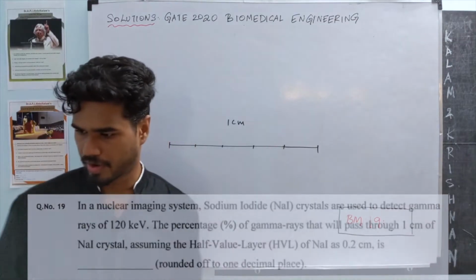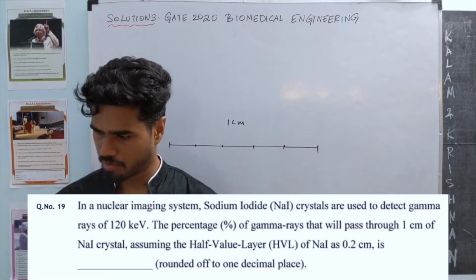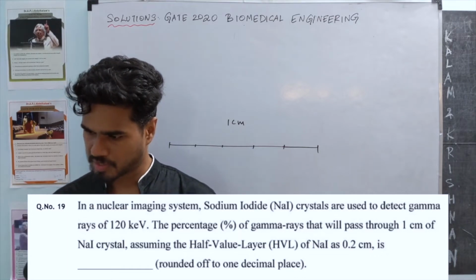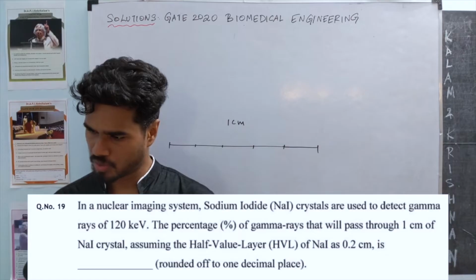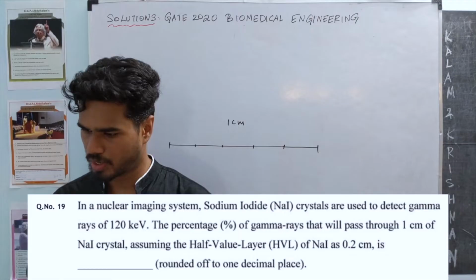Question number 19. In a nuclear imaging system, sodium iodide crystals are used to detect gamma rays of 120 kiloelectron volt. The percentage of gamma rays that will pass through 1 centimeter of sodium iodide crystal, assuming the half value layer of sodium iodide is 0.2 centimeter, is rounded off to 1 decimal place.